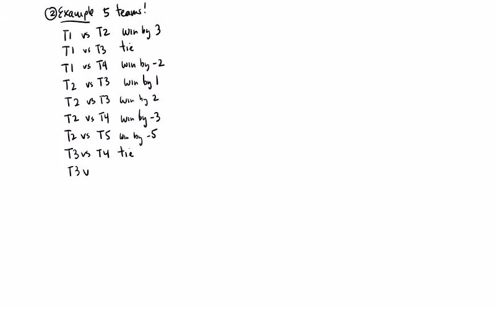Team 3 again, Team 4, but loses. Team 3 versus Team 5, tie. Two more. Team 4 versus Team 5, win by 4. And last but not least, Team 4 versus Team 5, and now they actually have a loss.